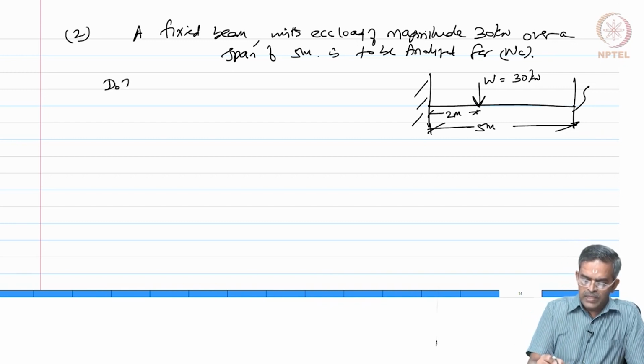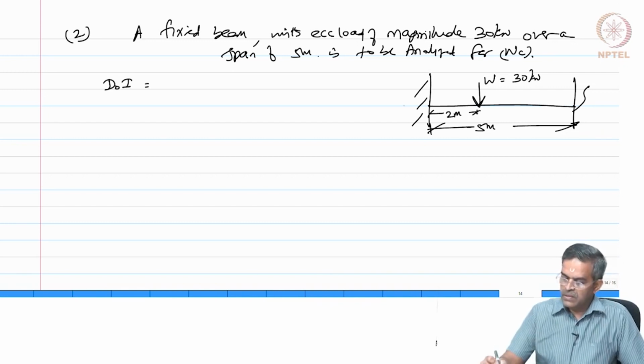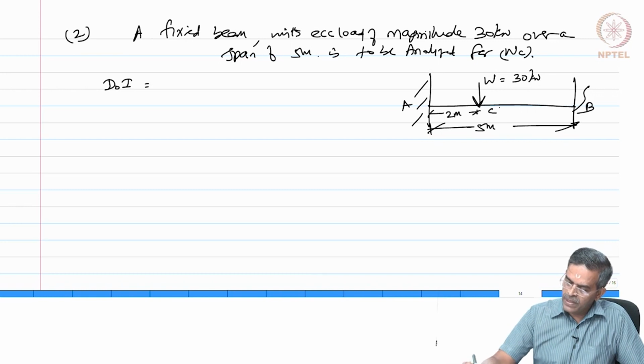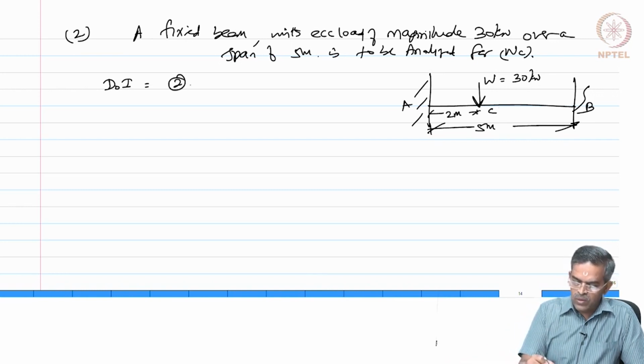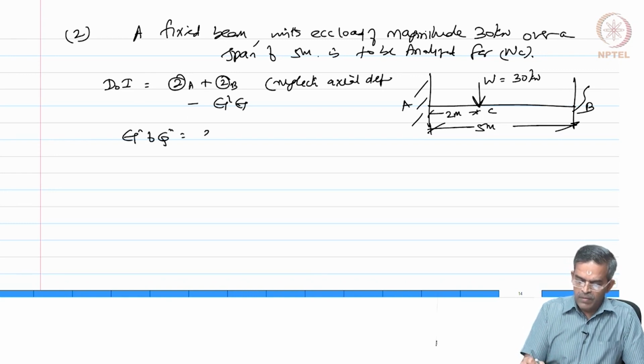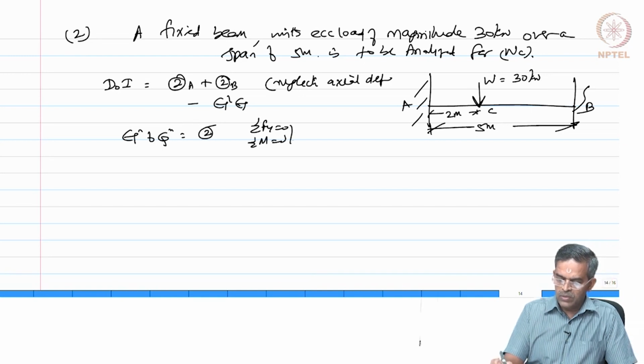So, now the degree of static indeterminacy is, let us say this is A, this is B, this is C. So, there are two unknowns at A and there are two unknowns at B, neglecting axial deformation, okay, minus equations of equilibrium. Equations of equilibrium will be 2, that is sigma Fy naught and sigma M 0. So, therefore, degree of indeterminacy is 4 minus 2, 2.